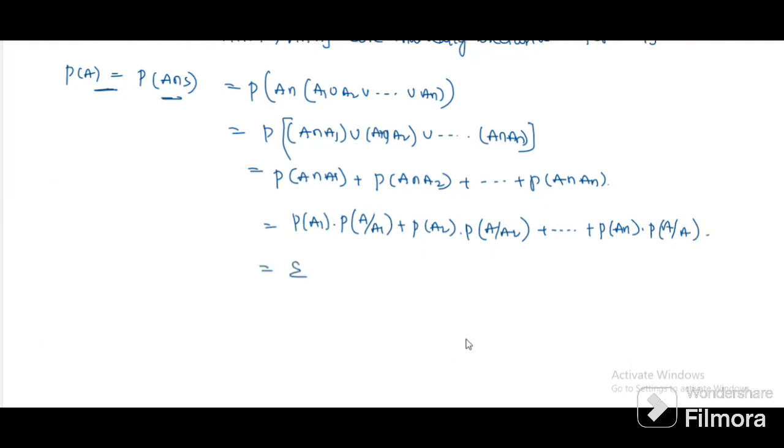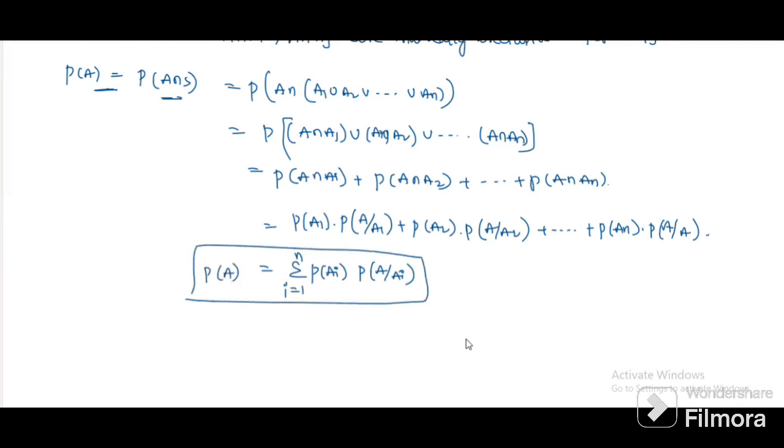So this is the summation of i equal to 1 to n, P of Ai into P of A by Ai. This is nothing but the total probability theorem, and this is how we prove it.